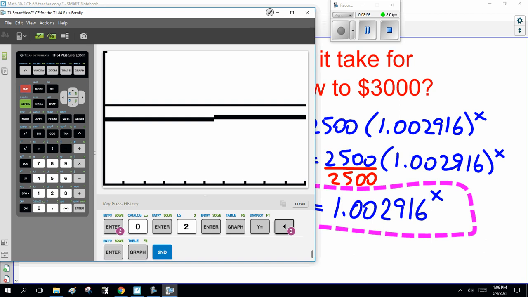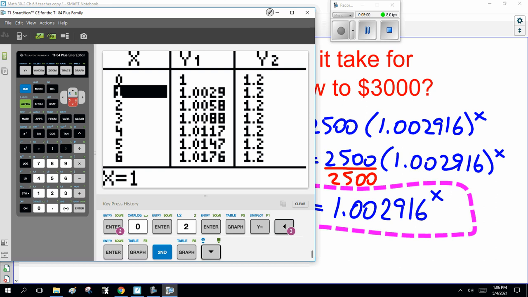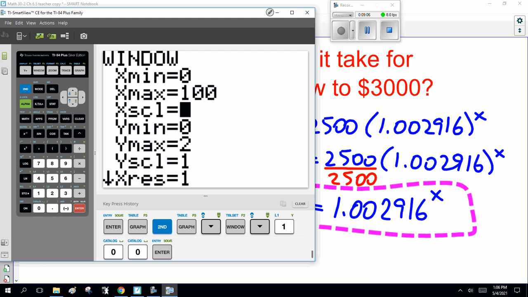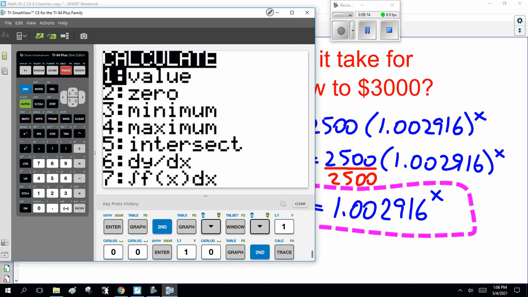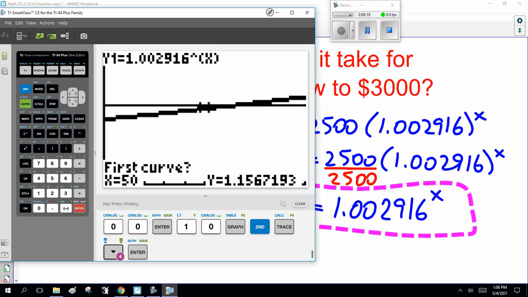So now I'm going to cheat. Actually, I'm just going to say the heck with it. I'm going to go to 100. There we go. I guess I could have scrolled down the table, but I got lazy and lucky. Let's calculate the intersection. Like I said, 100 months.